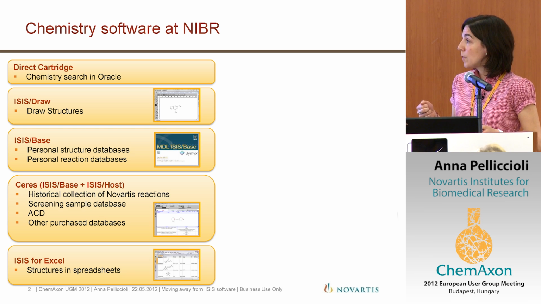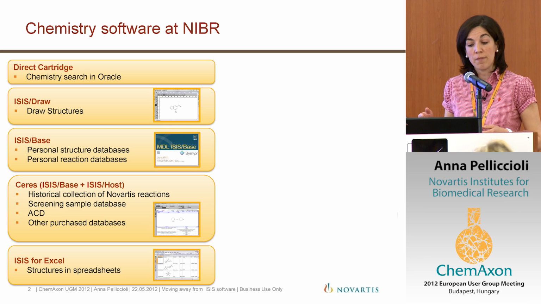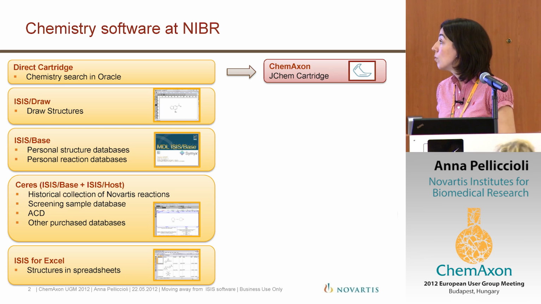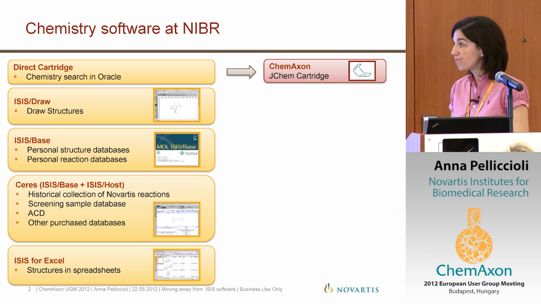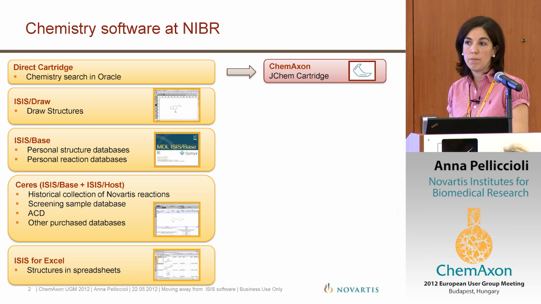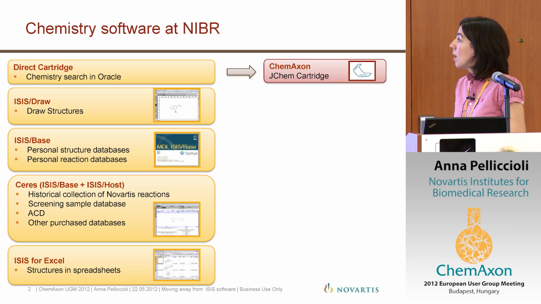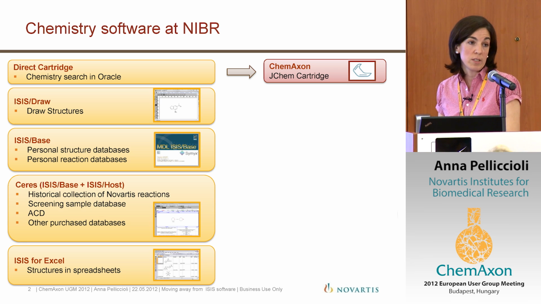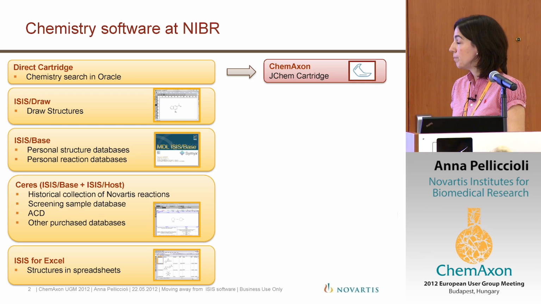And the result of that evaluation was that we decided to go for the JChem cartridge. So that happened at the beginning of last year, and that's how we actually started our collaboration with ChemAxon.